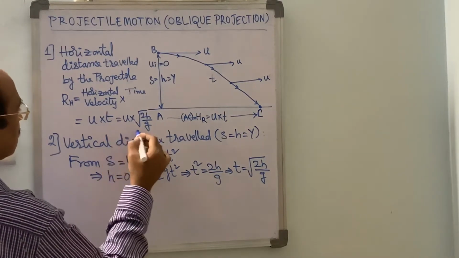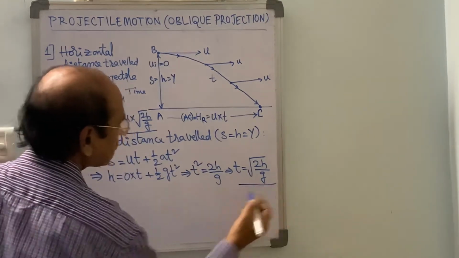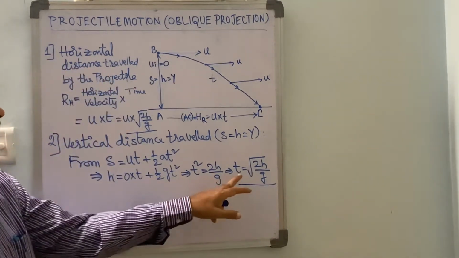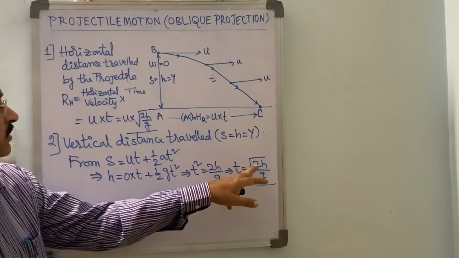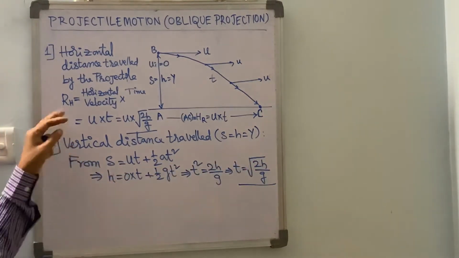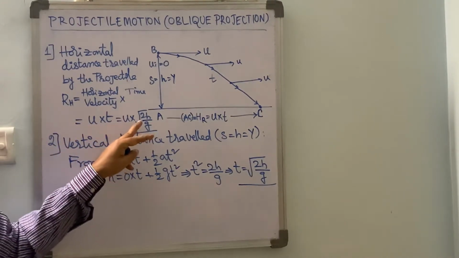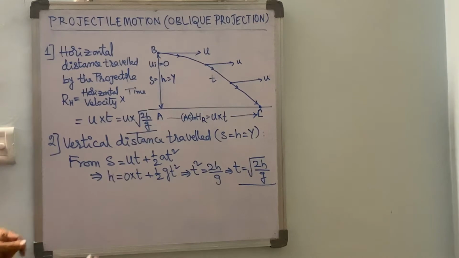So these are the expressions whenever we require these. This is called time of flight t equal to 2h by g under square root, and horizontal range is equal to u into t, or u into root 2h by g under square root.